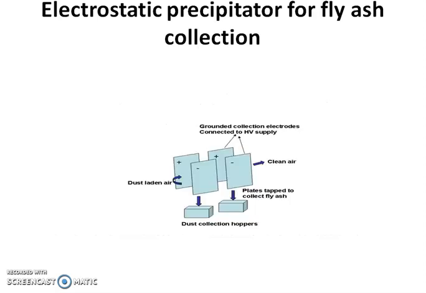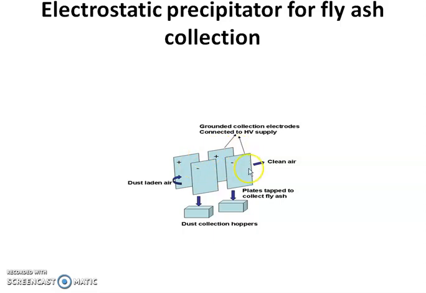This is the picture of the electrostatic precipitator. Here the dust laden gas is allowed to pass between the plates. When it is moving around, all the dust particles are collected at the bottom by means of a hopper. This collected dust is the fly ash, and here the clean air is coming out.